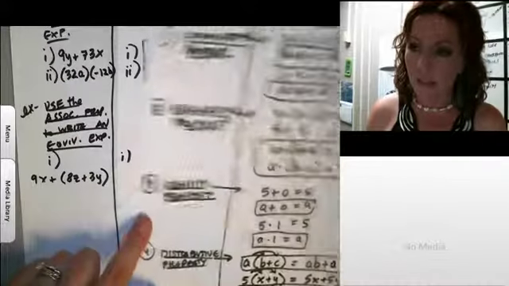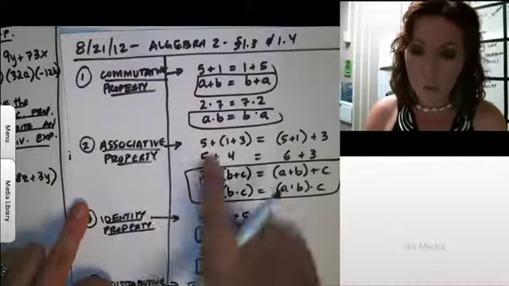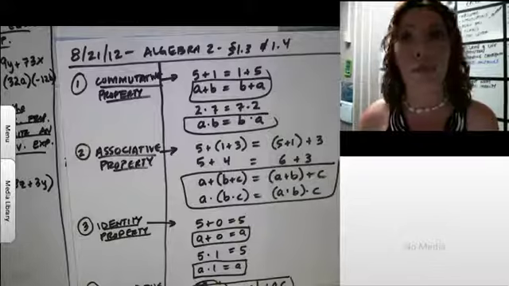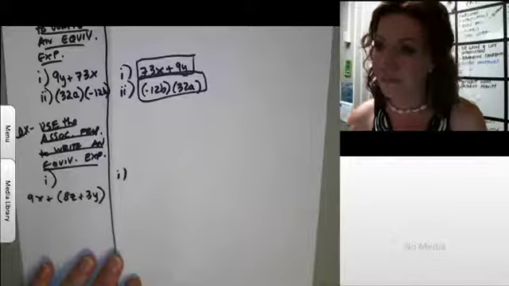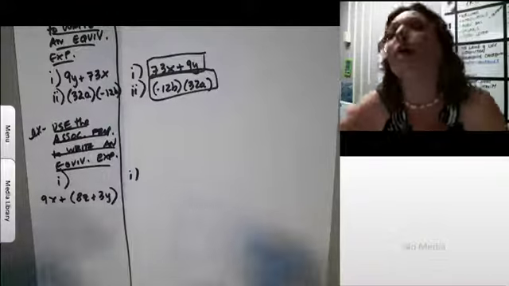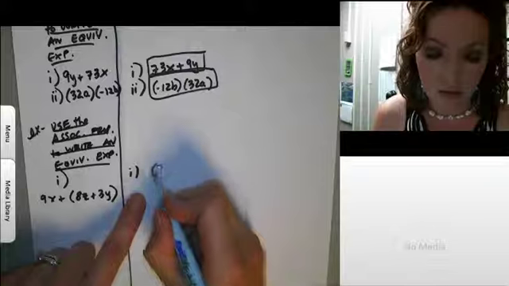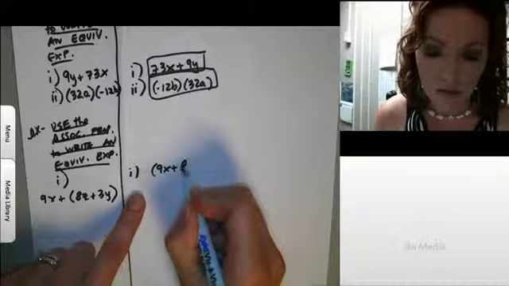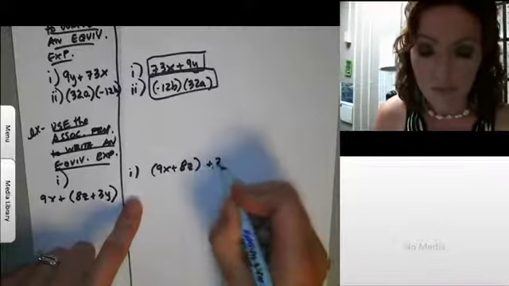Okay, and if we go back and look, the associative property right here is the one where you move the parentheses around. So can somebody tell me one equivalent expression to this? Jessica. Perfect. Good.